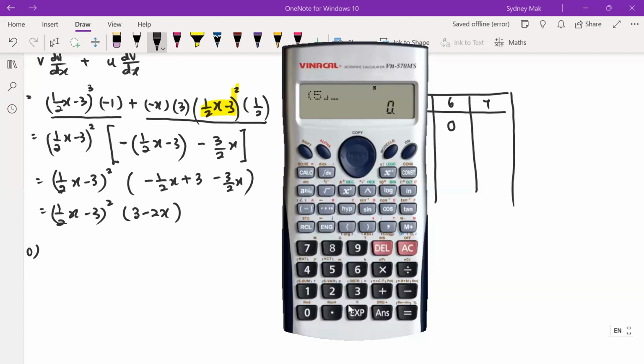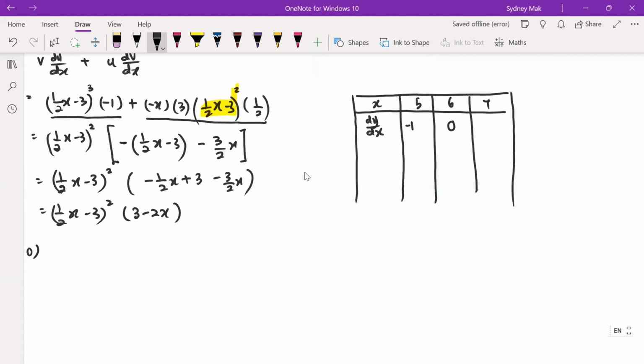So 5 over 2 minus 3, the whole thing squared, multiplied with 3 minus 2 times the x value, which is 5. So we got negative 1 and 3/4.